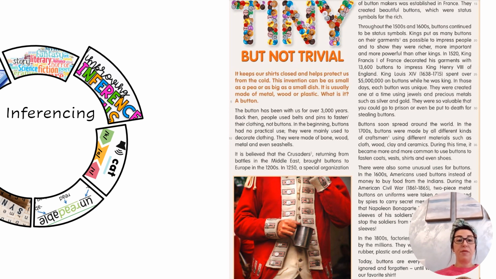The next thing is inferencing. Inferencing is basically the HOTS, what we always talk about when we want to challenge our students' thinking. So it's the higher order thinking skills, and it refers to the deeper understanding of a text.